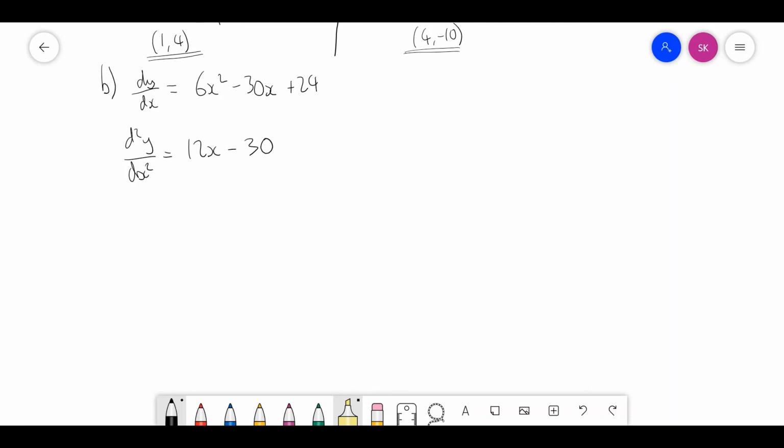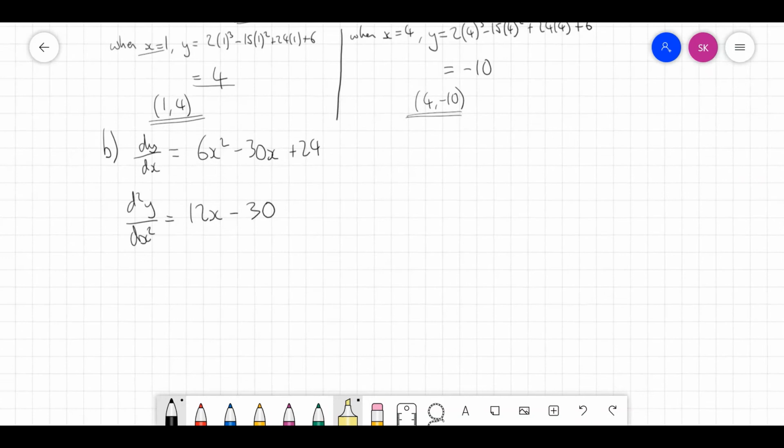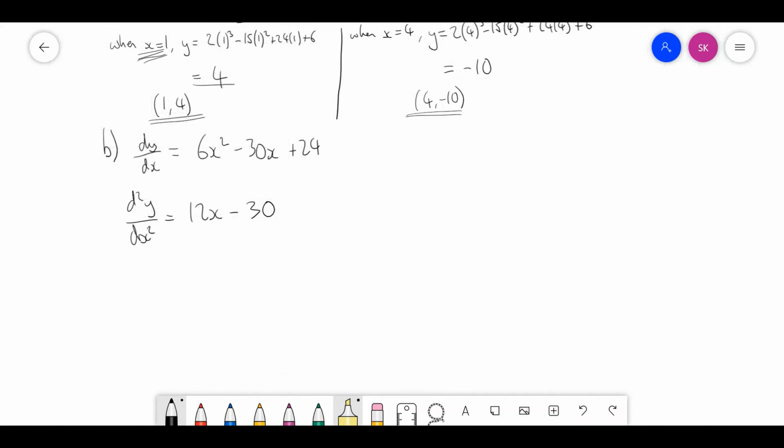Now don't worry too much about this for the time being, but what I'm going to do is find the second derivative when x is 1. So using my previous answer over here, when x equals 1, d2y by dx squared equals 12 bracket 1 minus 30, which is 12 minus 30, which is negative 18.